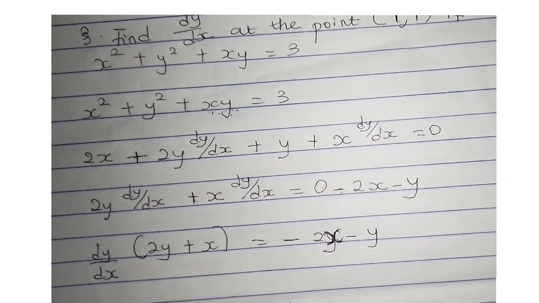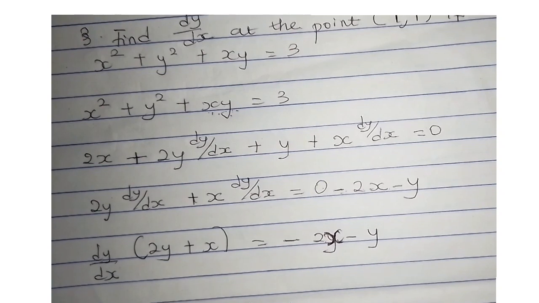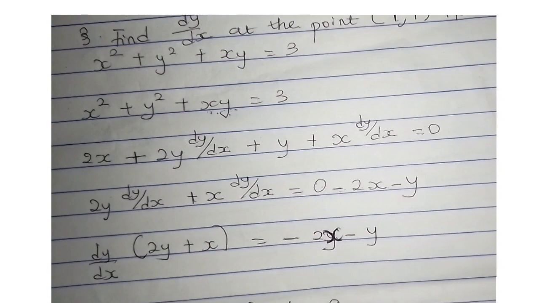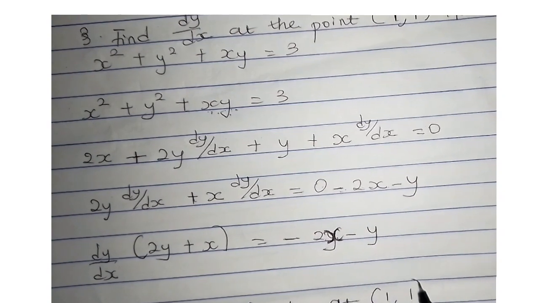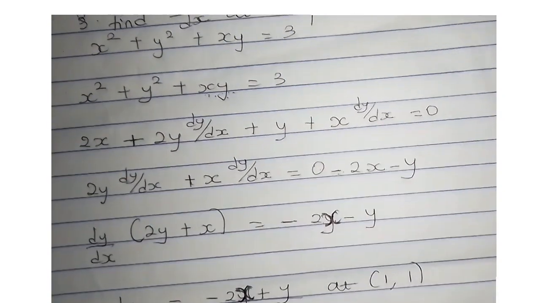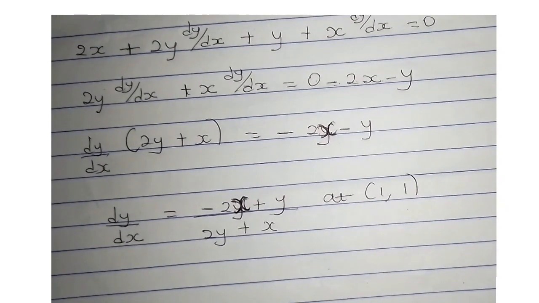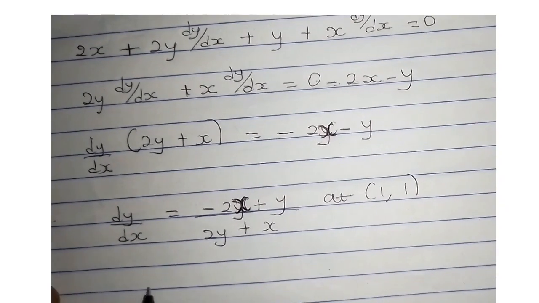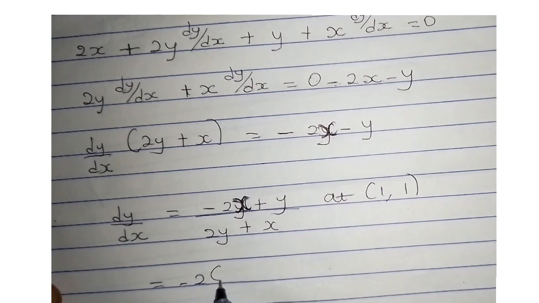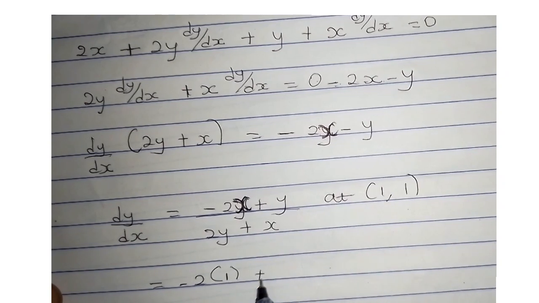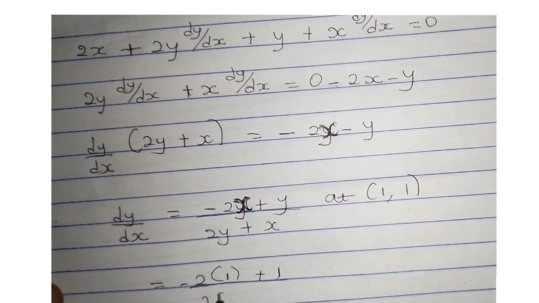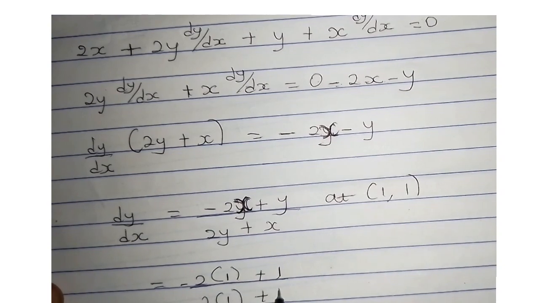So we're going to have dy/dx equals minus 2x plus y, all over 2y plus x, and we're given the point (1, 1), which is to say wherever we see x we put 1, and wherever we see y we put 1. So this is going to be minus 2 into 1 plus 1, over 2 into 1 plus 1.